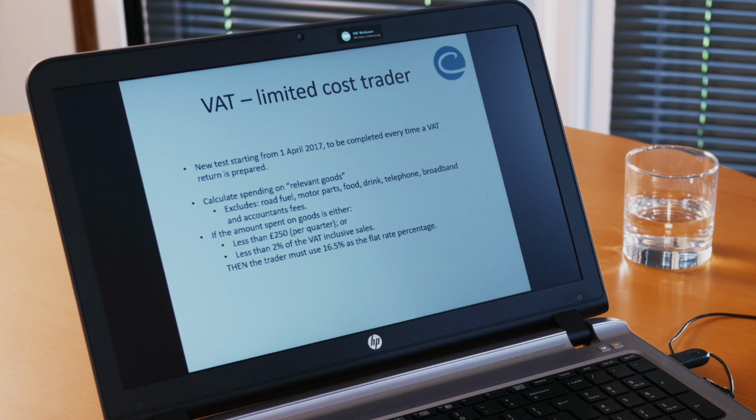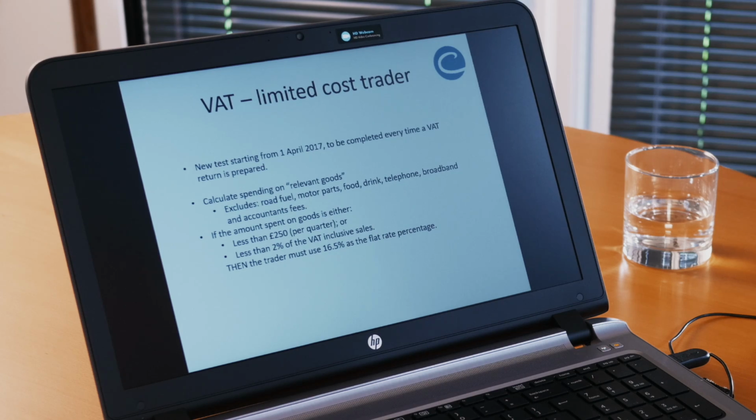And that's it as far as your VAT return is concerned, unless you know you've incurred some expenditure on capital items exceeding £2,000. Starting from the 1st of April 2017 is a new test that the Chancellor has introduced, and it's called Limited Cost Trader.